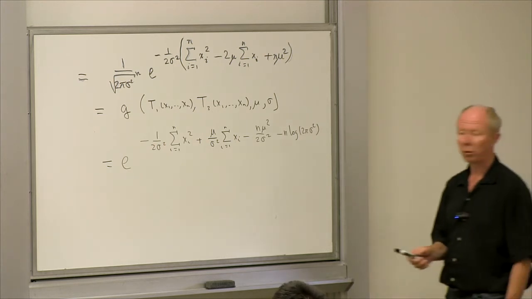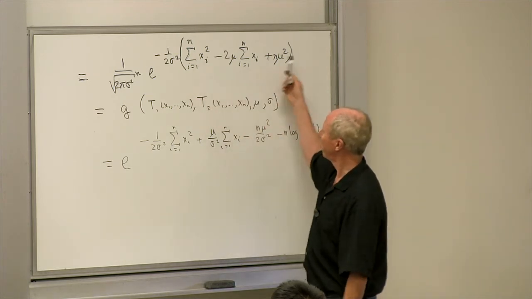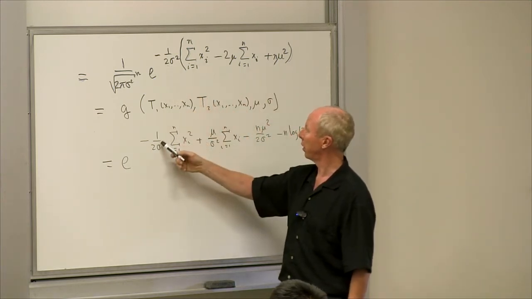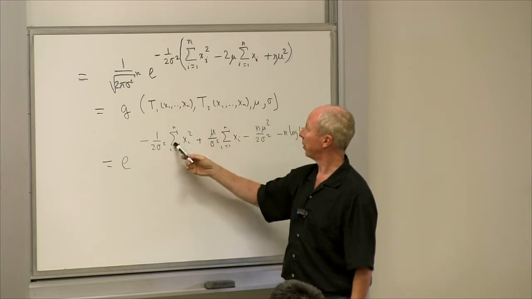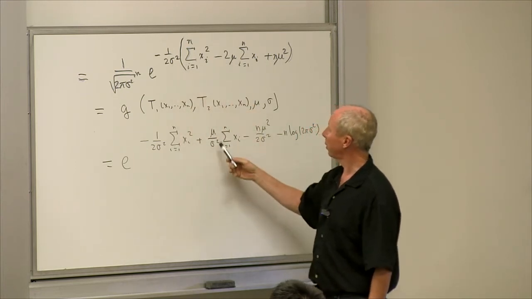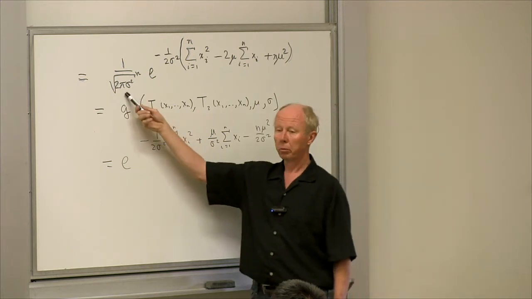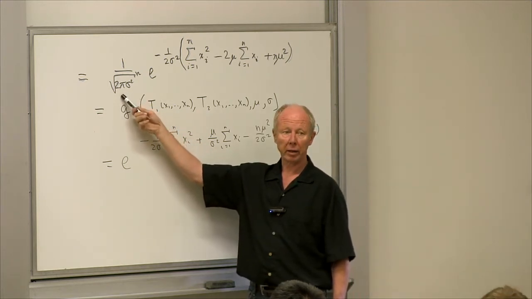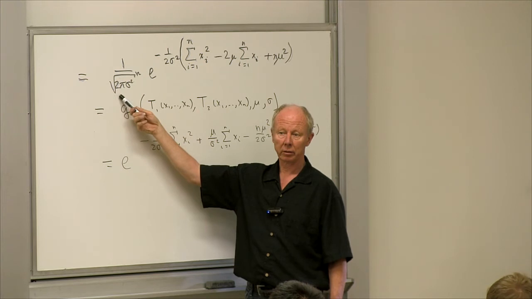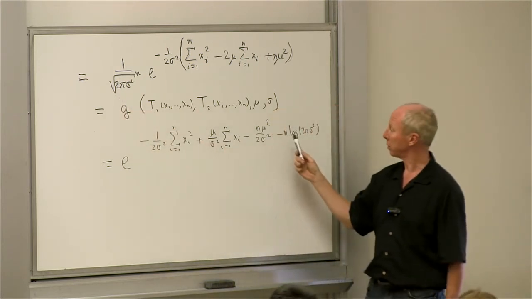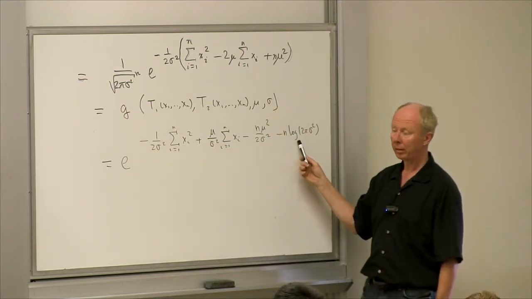Okay, well, all I did was I multiplied this part here through by the minus 1 over 2 sigma squared. This times this gives me this. This times this gives me this part. This times this gives me this part. And then I put this in the exponential by taking e to the log of it. I get this. Okay?